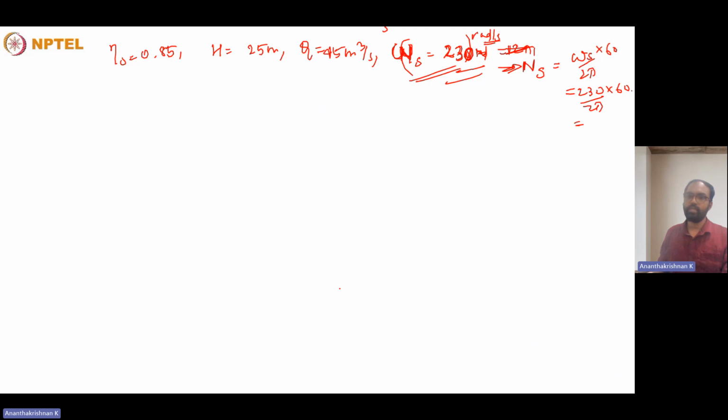So that is a specific speed in terms of dimensional quantity of RPM. Now we can move to the real problem.